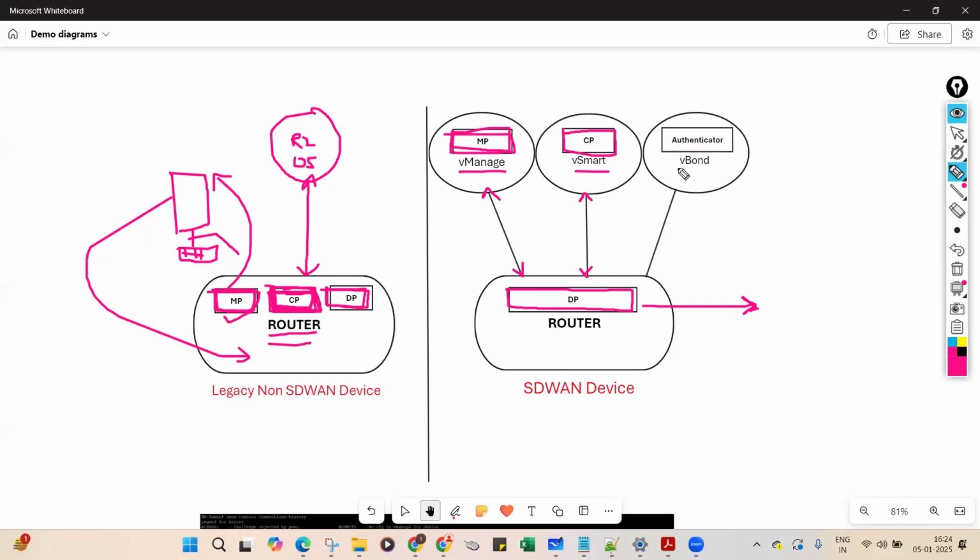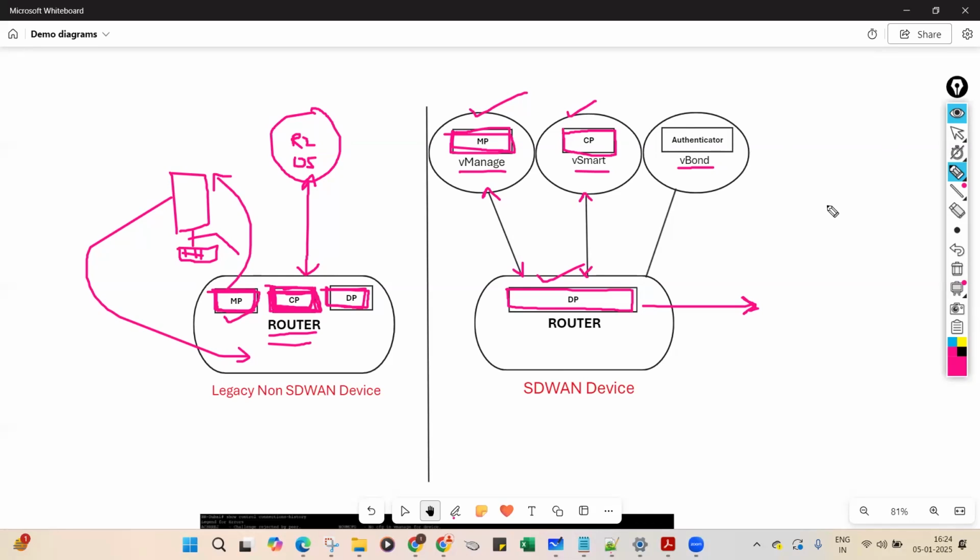We have yet another controller which is vBond, which is used for authentication. Any device, be it the controller or the edge routers, has to be authenticated through vBond in order to get added into the SD-WAN fabric.